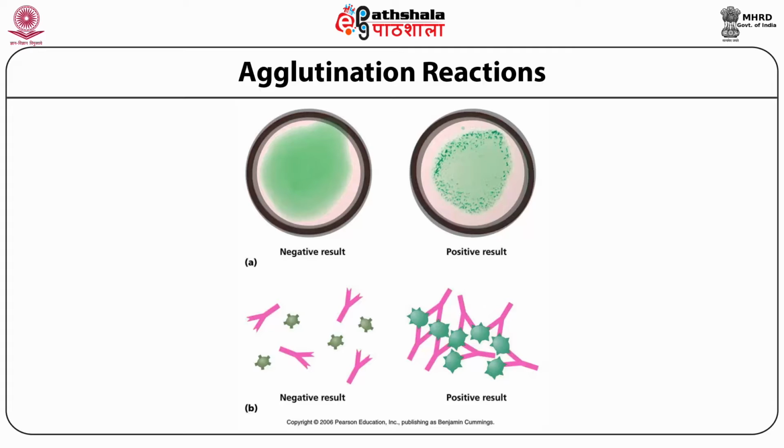The reaction between these multivalent antigens and bivalent or multivalent antibody forms clumps. It should be obvious that the clump formation is maximum in the equivalence zone.